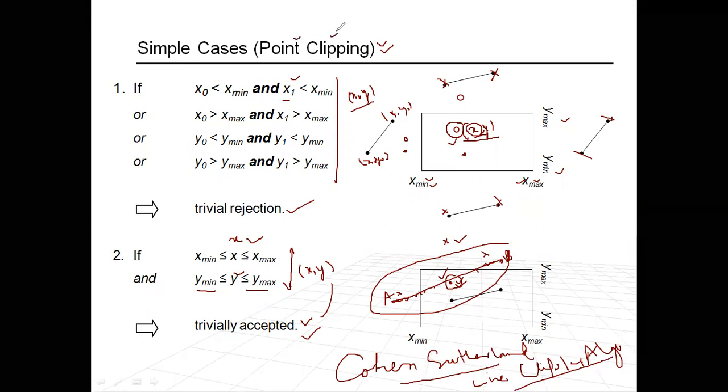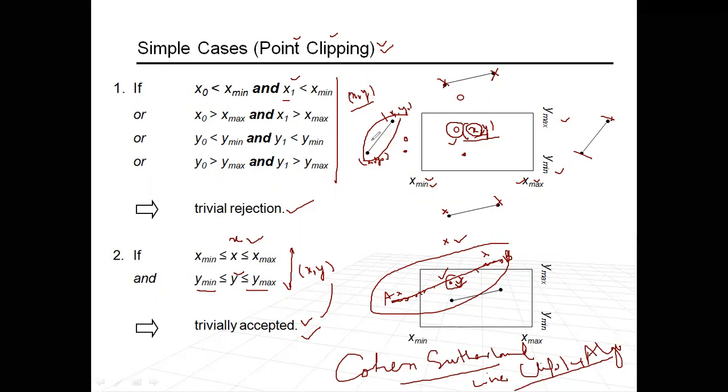This is the basic method through which you can check whether a point is in the visible region or outside the visible region. Whereas when we talk about a complete line, if we apply the point clipping method on it, it will be complex and take too much time.